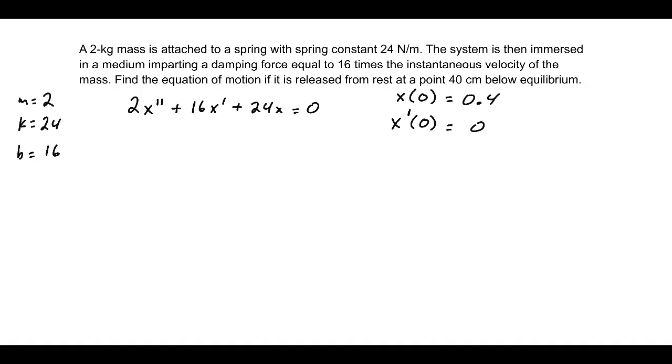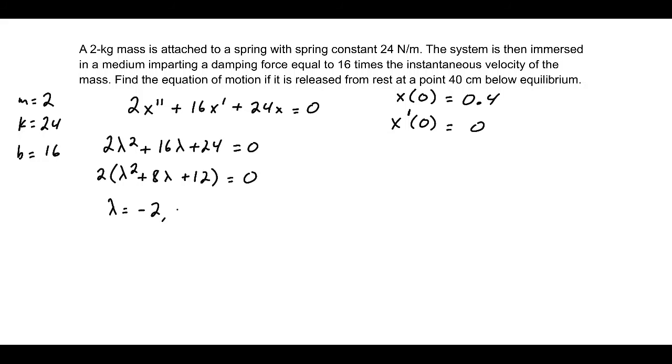Alright, so let's next consider our characteristic equation. That is 2 lambda squared plus 16 lambda plus 24 equals 0. Which factors? We can factor a 2 out. So 2 times (lambda squared plus 8 lambda plus 12) equals 0. Which means that lambda is equal to -2 or -6.